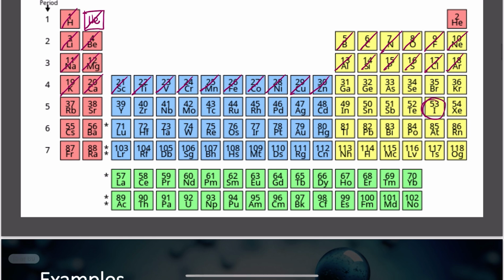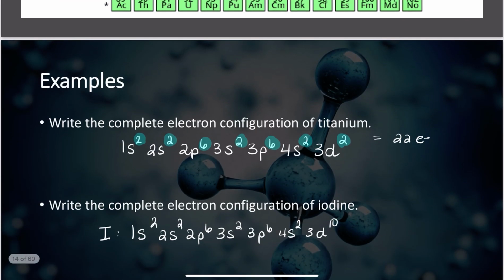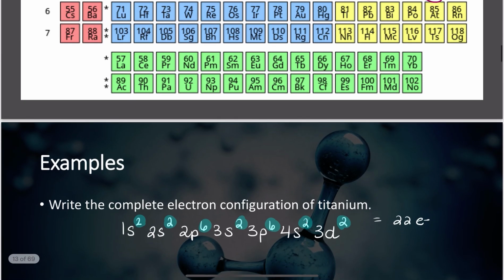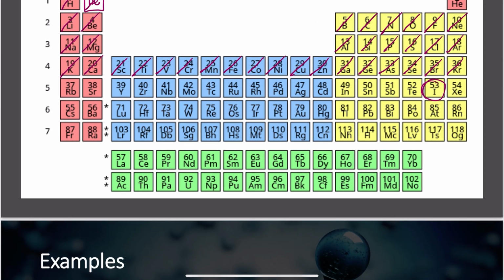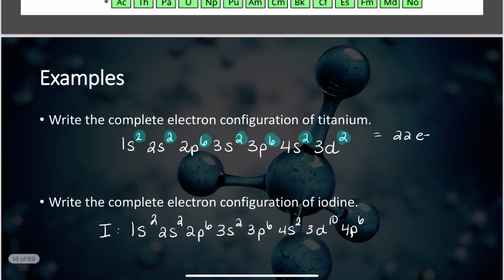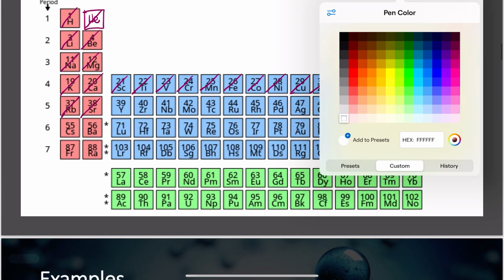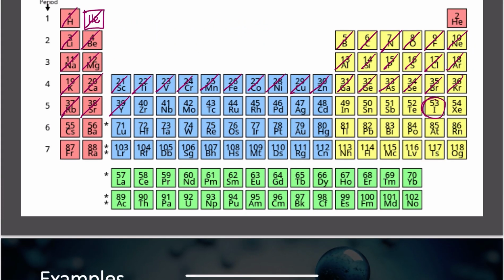Back to my p block. 4p1, 4p2, 4p3, 4p4, 4p5, 4p6. 5s1, 5s2. 4d1, 4d2, 4d3, 4d4, 4d5, 4d6, 4d7, 4d8, 4d9, and 4d10.